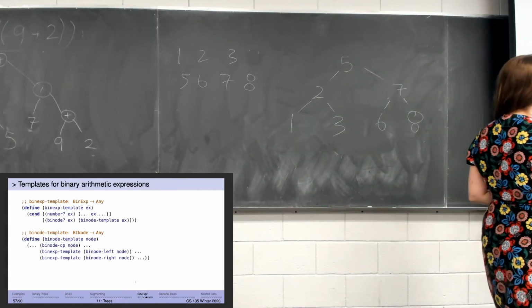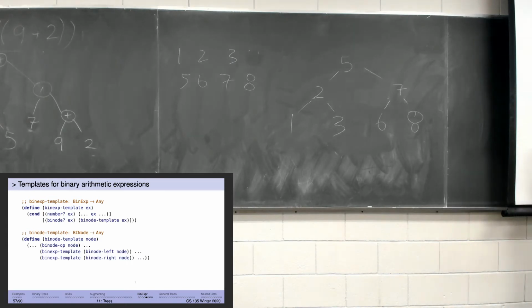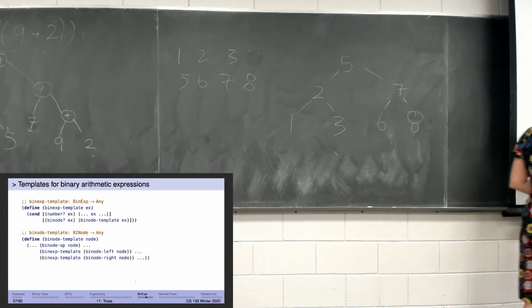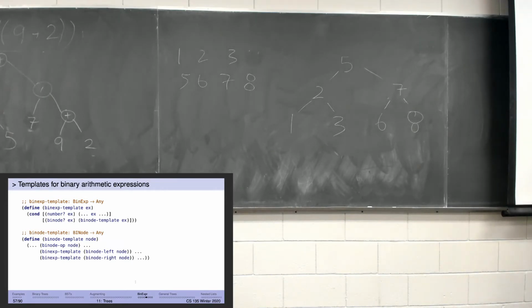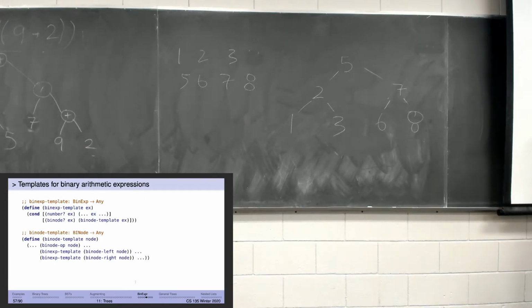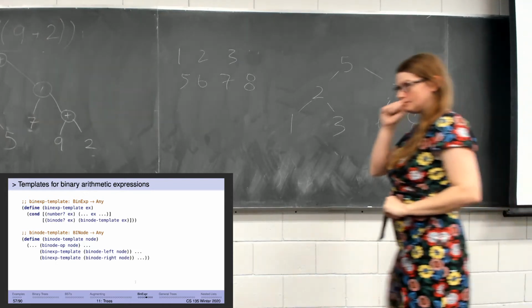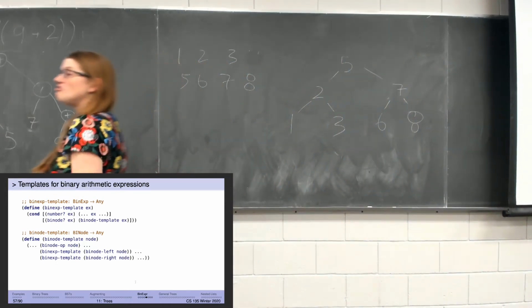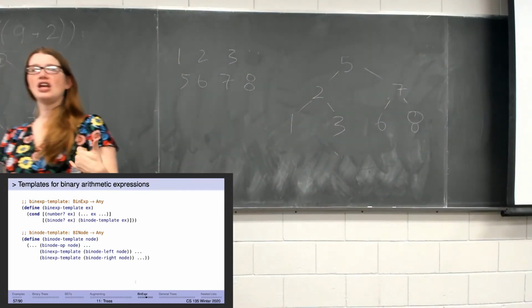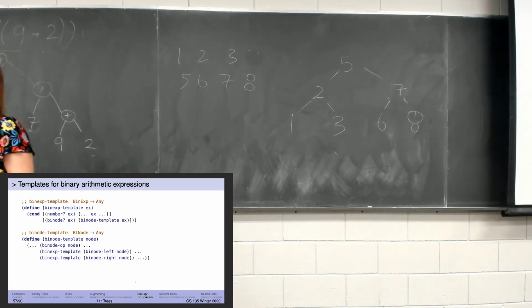If, however, it is a binary expression node, then we're going to call the binary node template. And the binary node template is going to relate the operator in some way to the results of calling the binary expression template on the left and the binary expression template on the right. That's it.